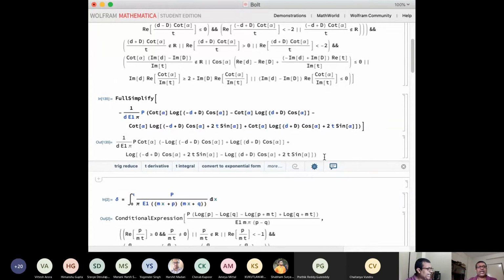Okay. So you get this formulation as you ask it to simplify, it simplifies nicely here. It says delta is equal to, I will just use this. Let me go ahead and shift to this one.